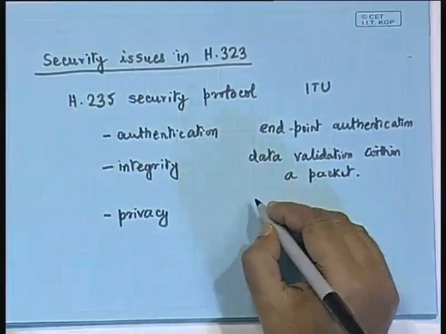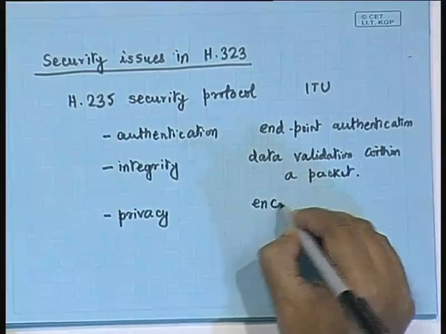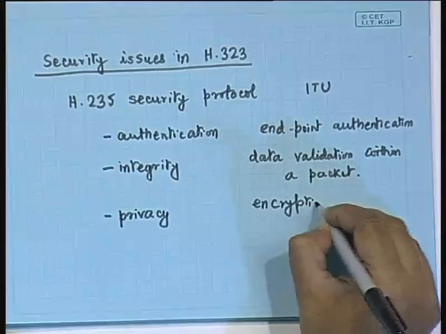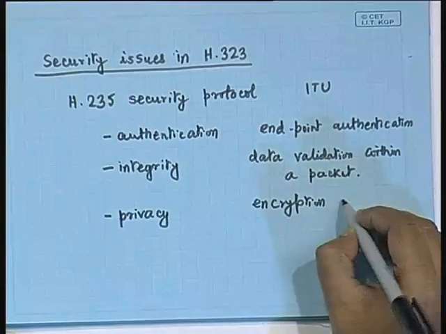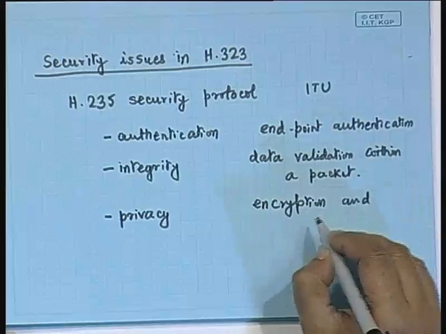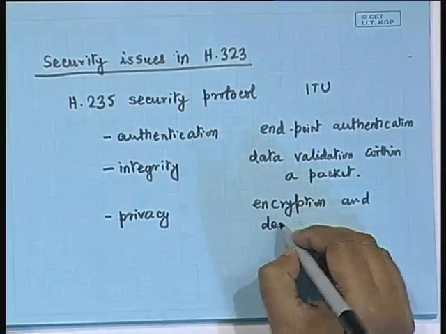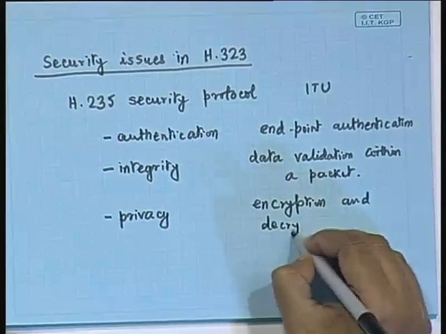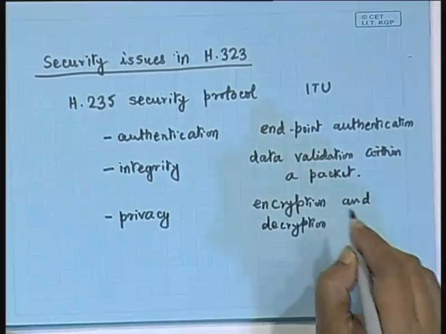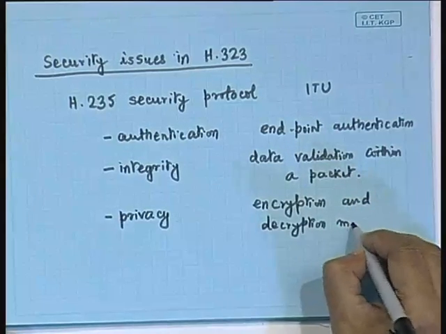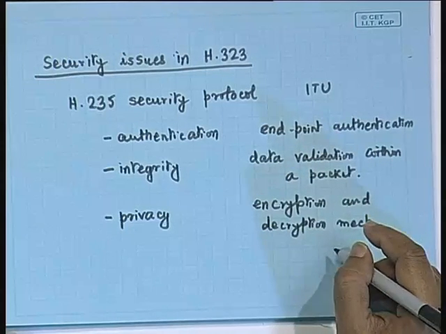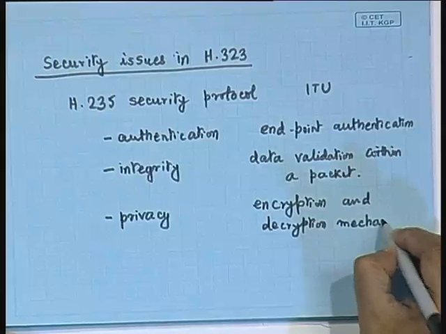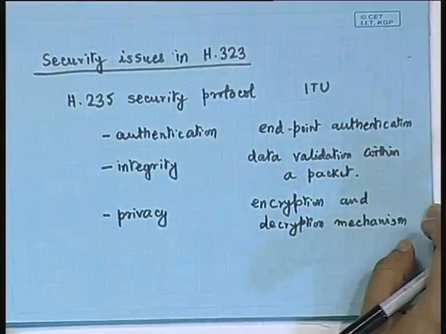These are some of the things that should be prevented with the encryption and decryption mechanism. It is there in the internet protocol, and this protection should also be there in VoIP, because VoIP has to be a secured communication. Whatever you are speaking, why should your privacy be affected? So, encryption and decryption mechanism should be there.